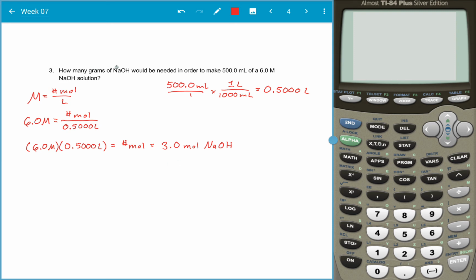Now, the problem asks for grams of sodium hydroxide though, so I need to do a little conversion. 3.0 moles of sodium hydroxide. Well, if we convert from moles to grams, we need to use the periodic table.